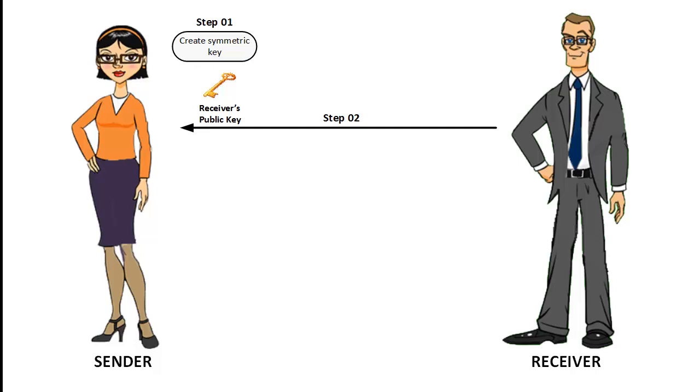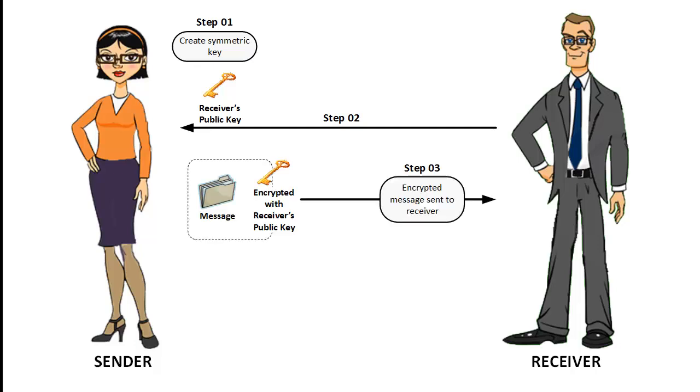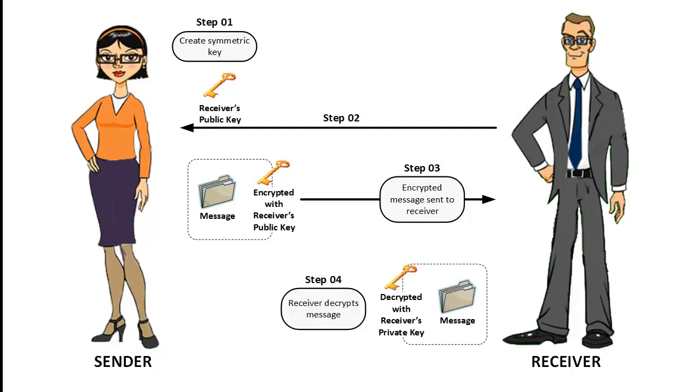The receiver, of course, retains his matching private key. Next, using the receiver's public key, the sender encrypts the symmetric key. The sender then transmits the encrypted symmetric key over the network to the receiver. The receiver then decrypts the symmetric key using his secret private key, after which the sender and the receiver are able to communicate securely using the symmetric key.